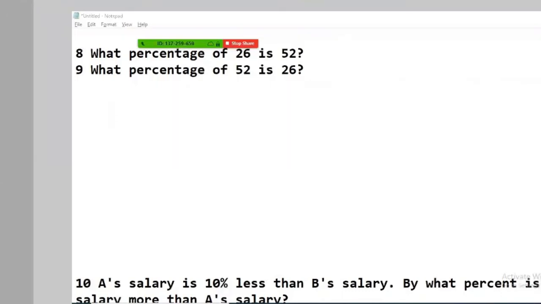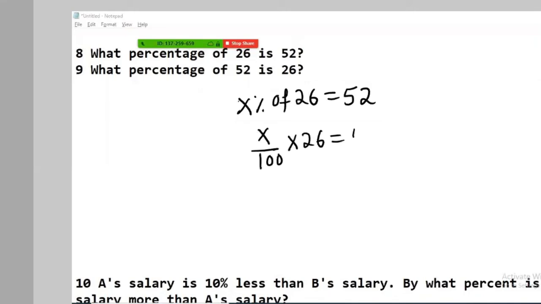Let's take X percent. X percent of 26 is 52. So that is nothing but X by 100 into 26, which equals 52. So X equals 52 by 26 into 100.